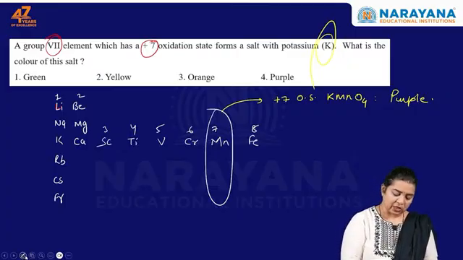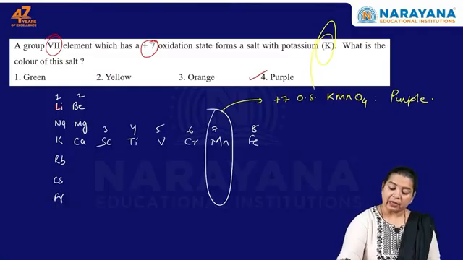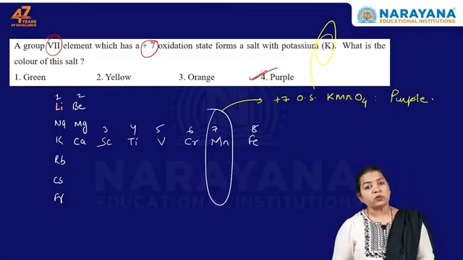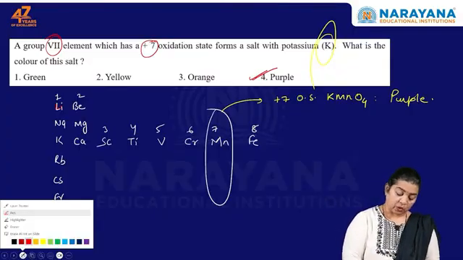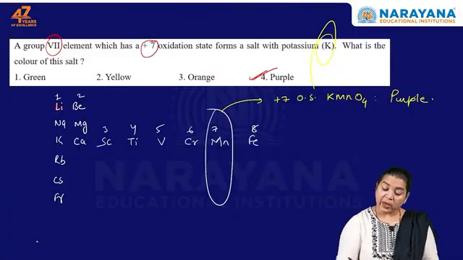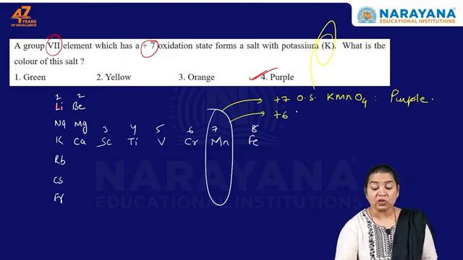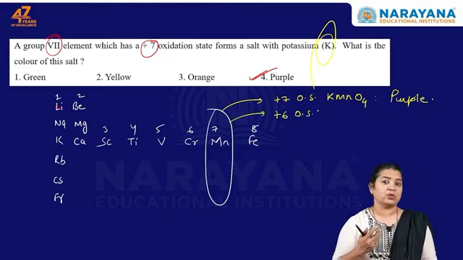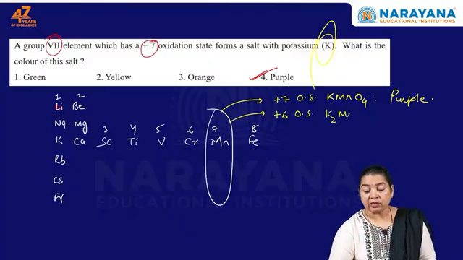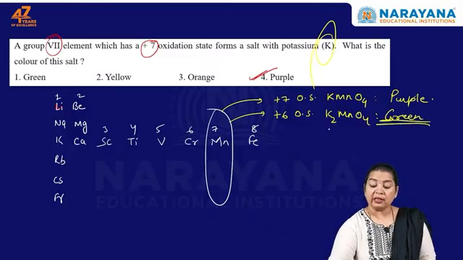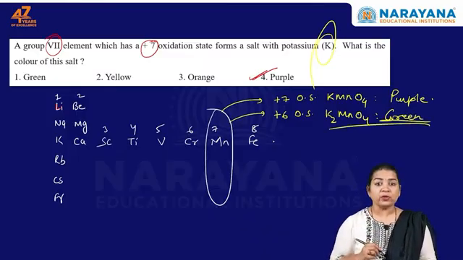As given in this particular slide, most of our students mentioned it was +7. If it is +7, put purple. But if the question was of +6 oxidation state, as some students were debating, then it is K2MnO4 they are asking, and the color of K2MnO4 is dark green.